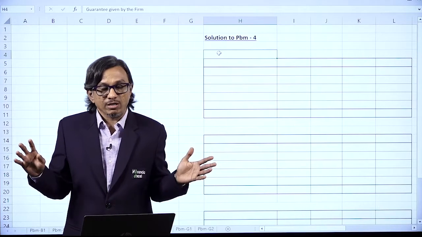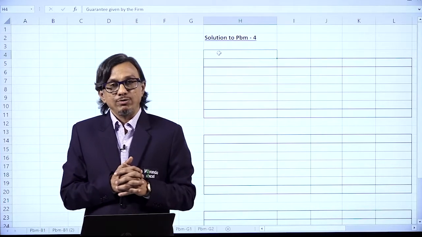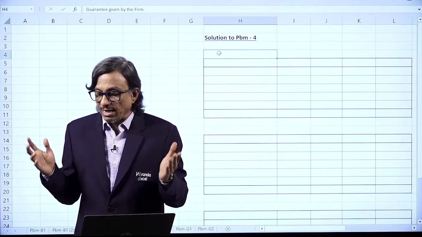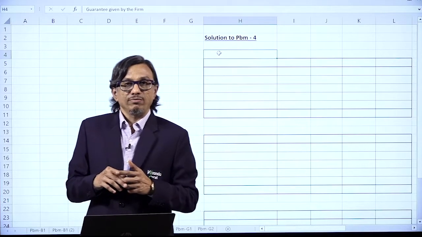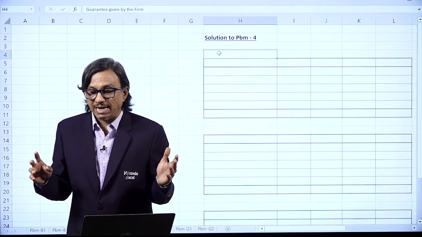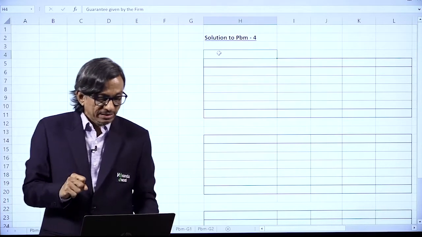That is what is given in the question. Based on that, we are going to find out the actual share of profit to each partner after providing for the minimum profit that is guaranteed to Mr. C. So, how to present the solution?